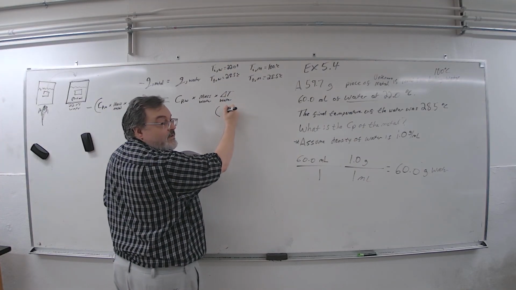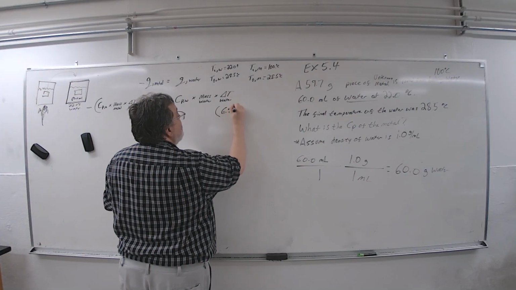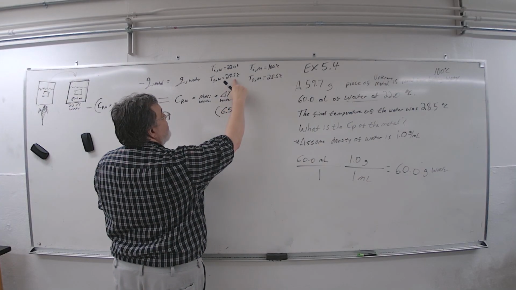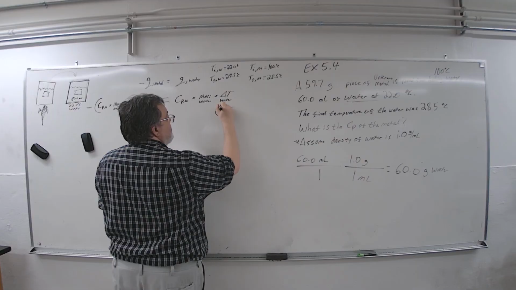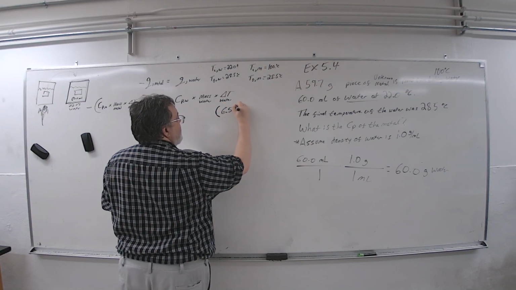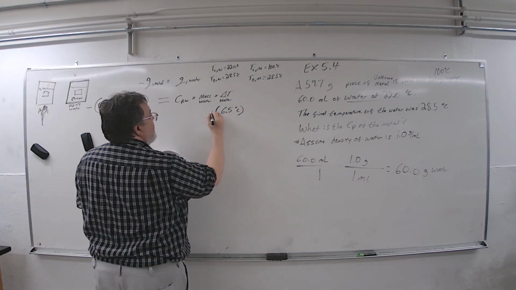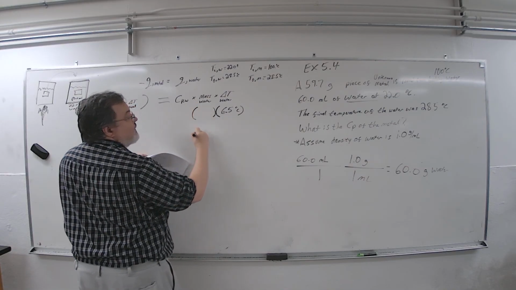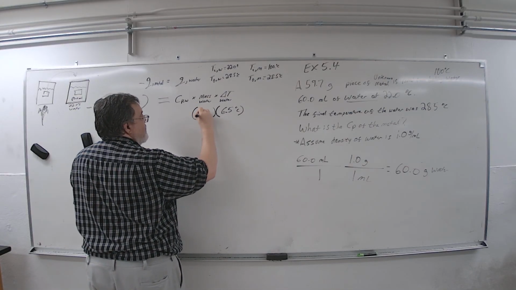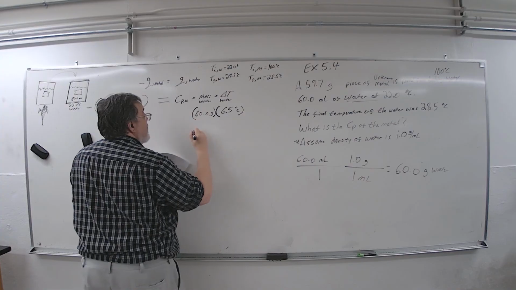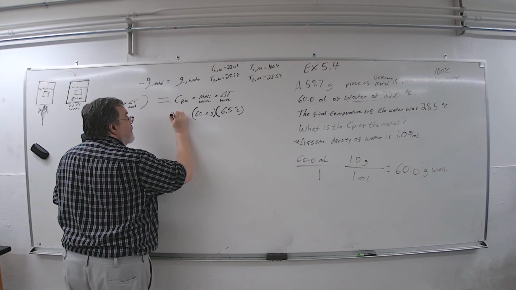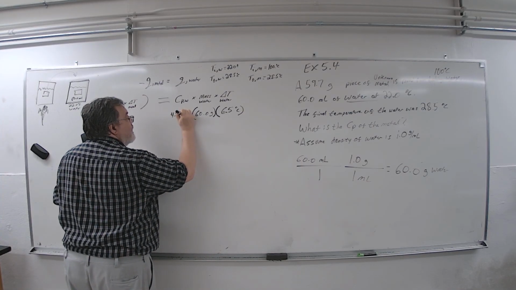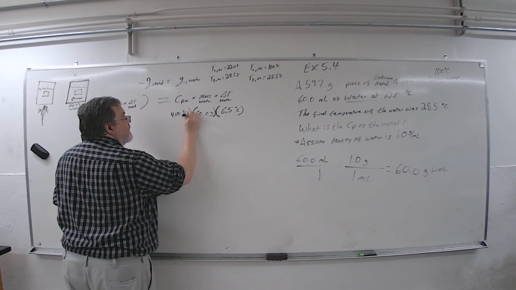Sorry, what is it? 6.5. One after the decimal, one after the decimal. So we actually reduced down to two significant figures. Degree C. Mass of the water, 16.0 grams. And we use 4.184 joules per gram degree C equals.